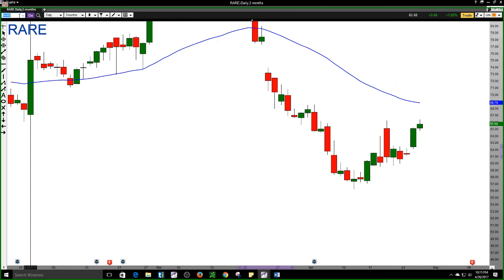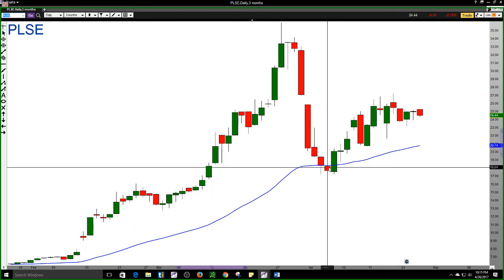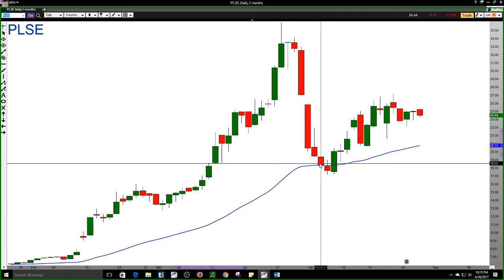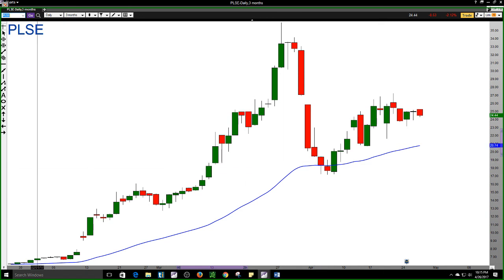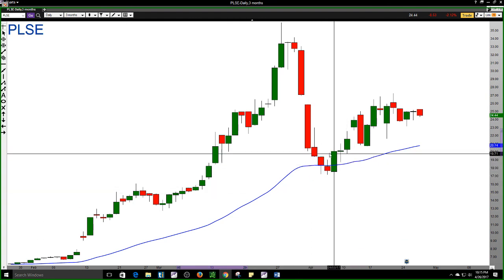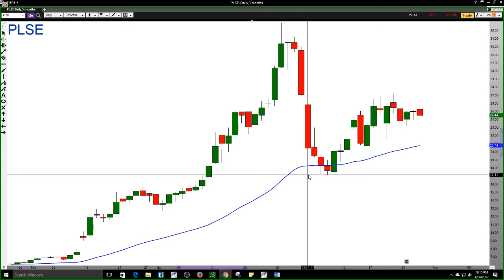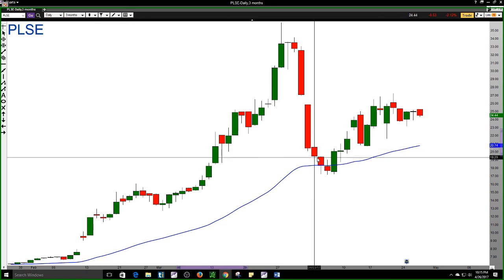I'm also in this one, PLSE. The first day that it came down to the 200 SMA, I bought it, so I'm long on PLSE at, gosh, I forget my number now. I have it written down. $18.10 is my entry on PLSE, and I gotta tell you that it was only a 1 point stop, and the chart never stopped me out, and I ended up staying in, and I'm still in.